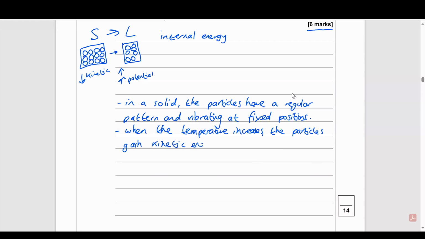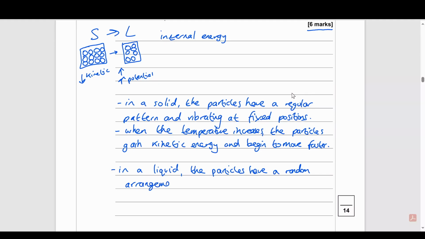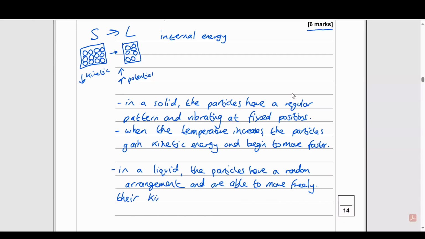In a liquid now, we can start to talk about the particles have a random arrangement. And are able to move freely. Their kinetic and potential energy increases. This is known as the internal energy.